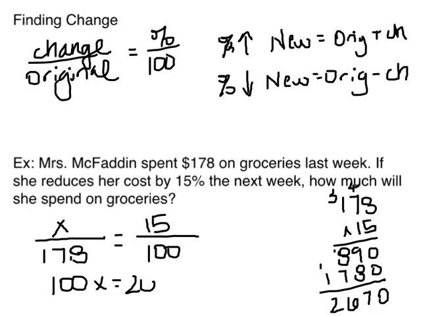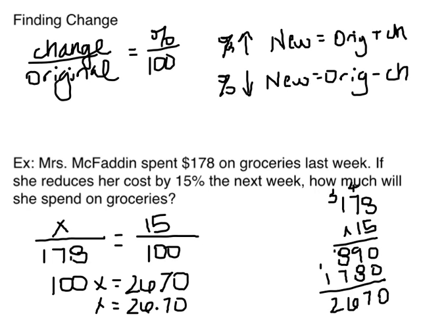So 2670. And then if you divide it by 100, it's going to be 26.70 because you move your decimal 2 places to the left. So she decreased it by 15%, which is $26.70.